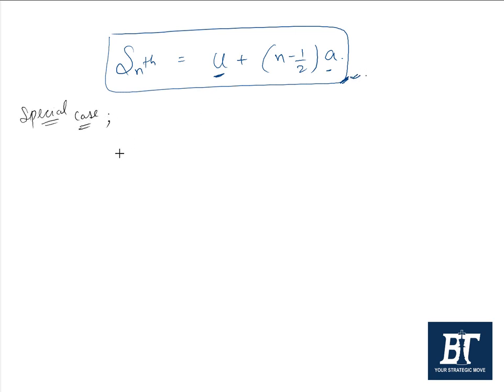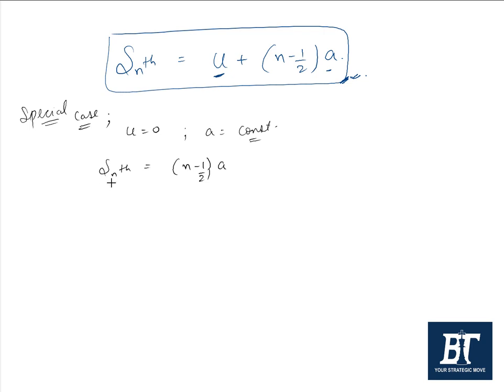If the body is starting from rest, in that case the value of u will be equal to 0, and if acceleration of that body is constant, then displacement covered by that body in nth second of its motion will be equal to (n minus 1 by 2) times acceleration of the body.